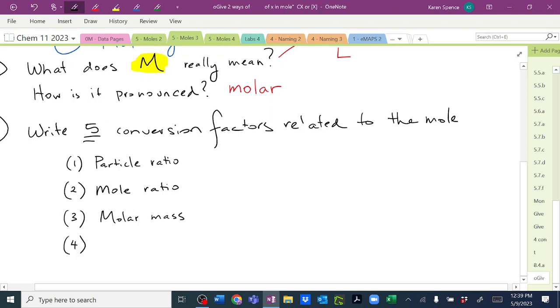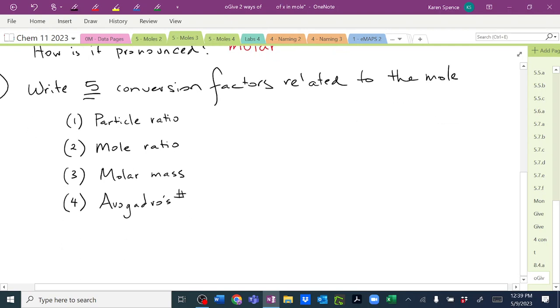A fourth one, Avogadro's number. And finally, there's a last one that we learned about last day, and that is molarity, which is the moles per liter.